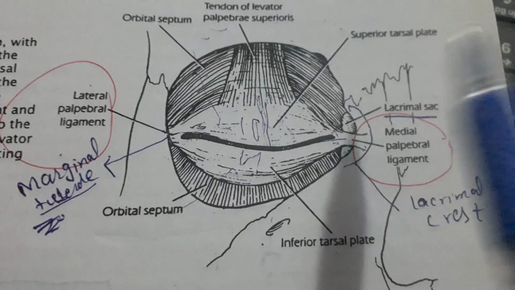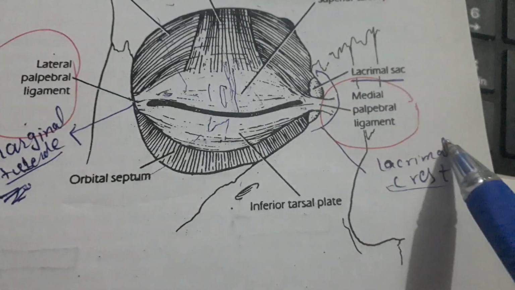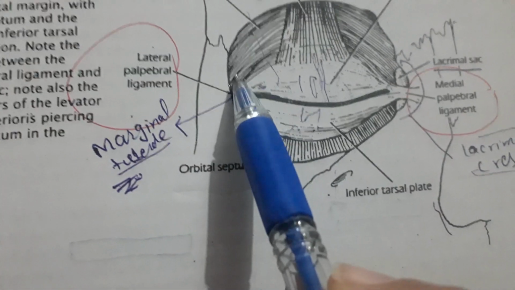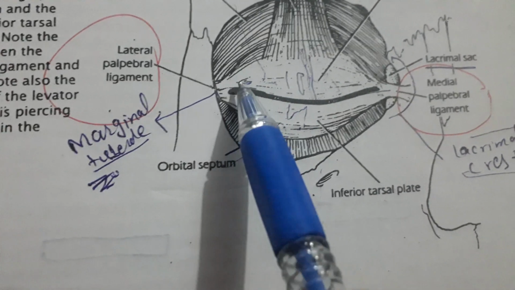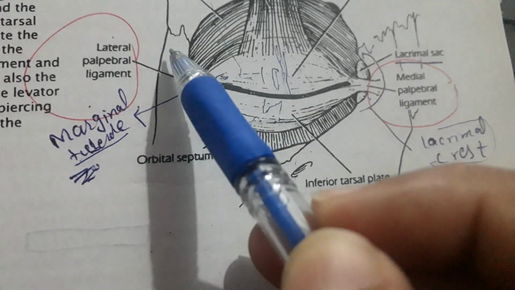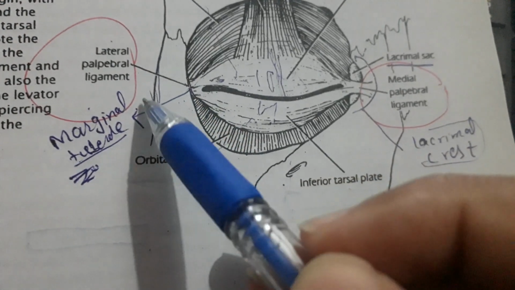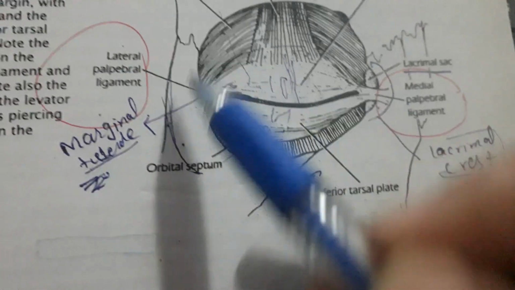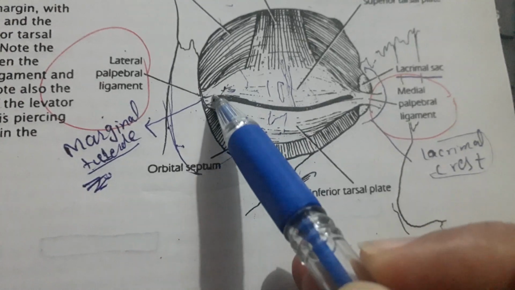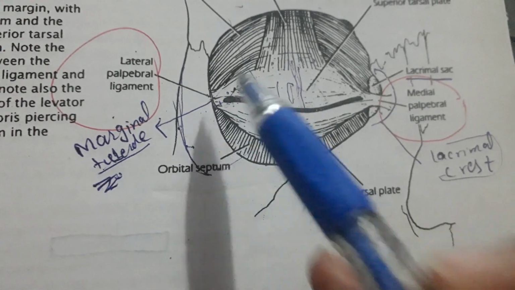The medial palpebral ligament is attached medially to the lacrimal crest, where the lacrimal sac is present, and the lateral palpebral ligament is attached to the marginal tubercle, which is part of the lateral wall formed by the zygomatic bone. The lateral palpebral raphe is present over the lateral palpebral ligament.